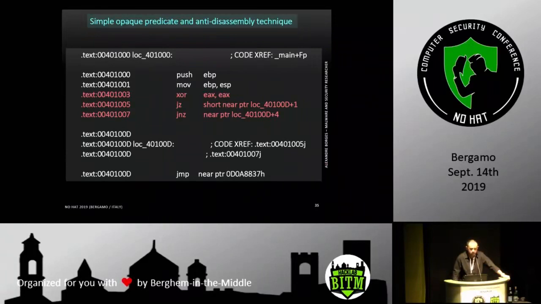This XOR EAX makes everything an unconditional jump. Additionally, we have an anti-disassembly technique because I'm jumping to an address +1, and this address does not exist. So we need to undefine the code and define it again, skipping a byte.